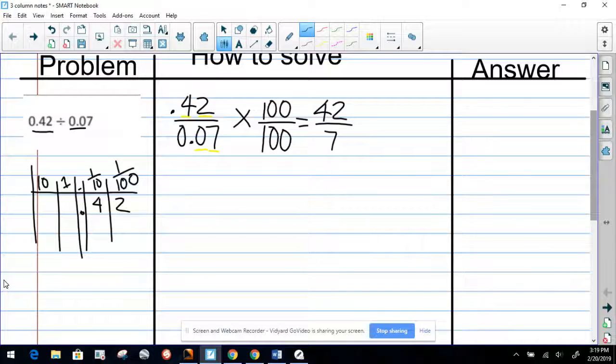So if you're going to multiply that by 100, just like we showed right here, the number has to become bigger, right? So we're going to move the number, multiply it 2 times by 10. So it goes here and here. So now the 4 becomes 40. And the 2, we're going to go 1, 2. So that's how we get this 42 right here.